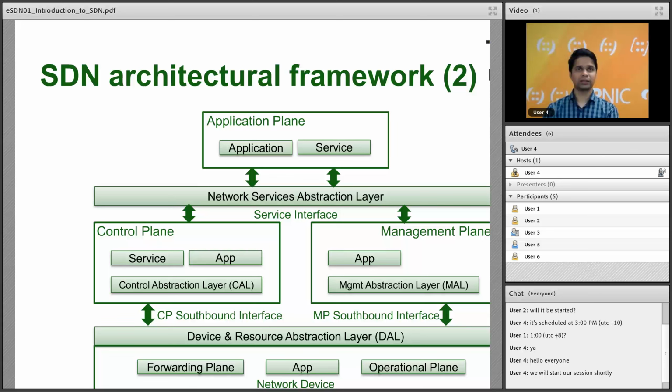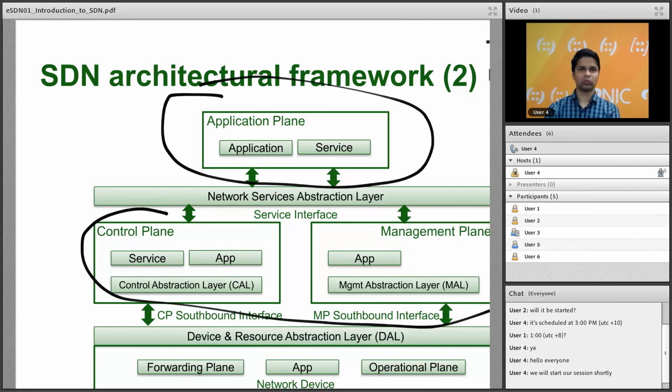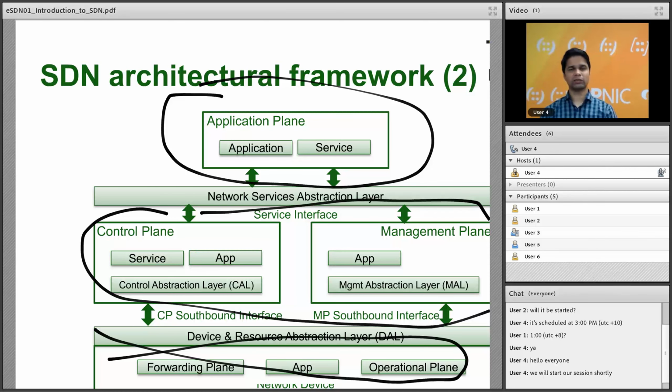If you look at it here, we have the application plane, then we have the control plane, divided into a control plane and a management plane, the controller, and we have the forwarding plane. If you compare this with the previous ITU SDN framework, overall it is the same, but there are more details on how this framework will work, right?